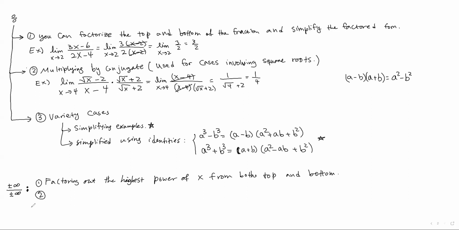And then two, I suggest remembering that any number divided by positive or negative infinity would go to 0. So you can basically get rid of that in your solution.